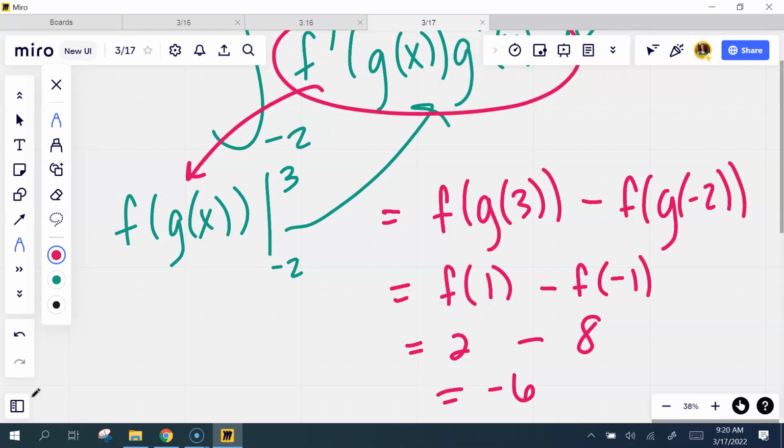All right, if you showed this, you got 2 points. So what? F of g of x. Yes, evaluated from -2 to 3. So in other words, you found the antiderivative and knew to evaluate on this.